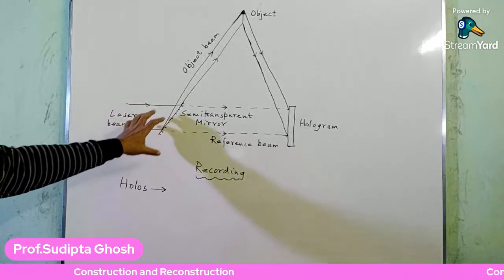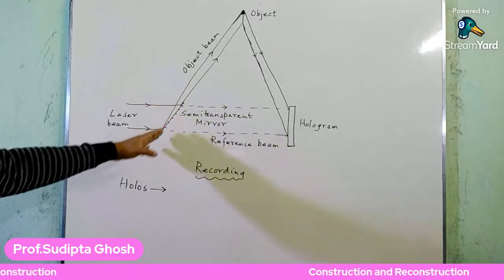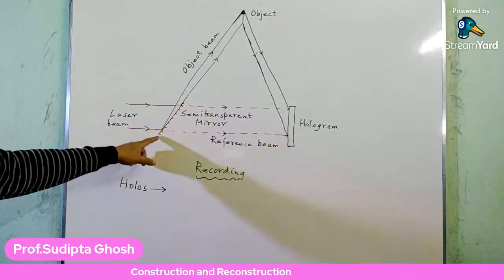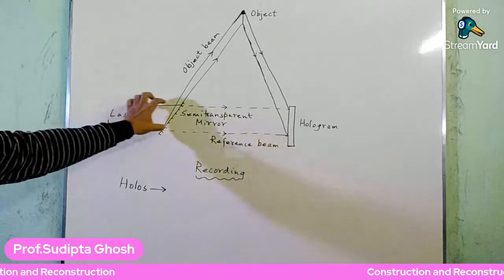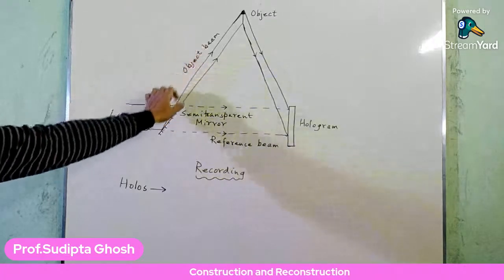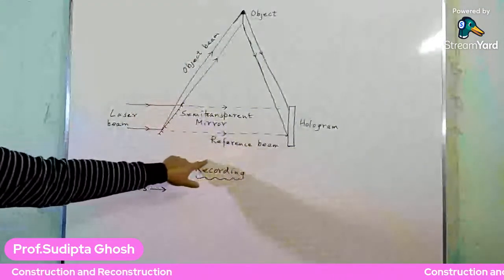You can see there are two beams, and it is split by a semi-transparent mirror. This semi-transparent mirror splits the beam into two. One beam is known as the object beam and the other beam is known as the reference beam.